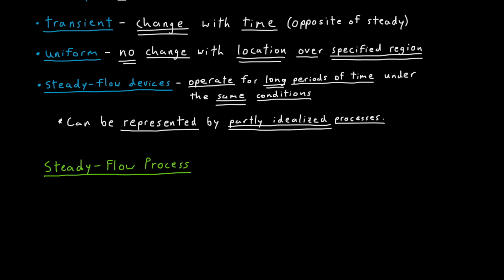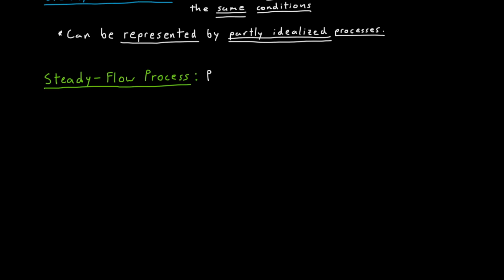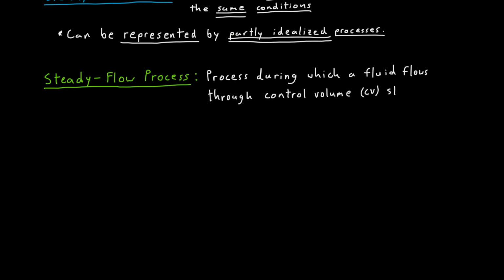And so, as the name suggests, a steady flow process is one that typically involves a fluid that steadily flows through a control volume. So, it's a process during which a fluid flows through a control volume steadily, hence the name steady flow.